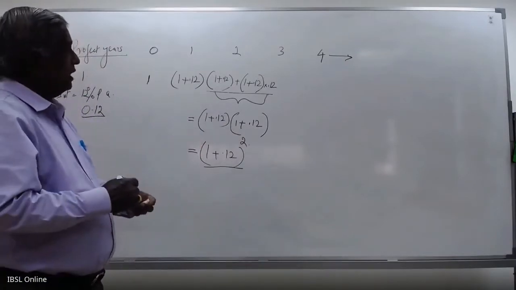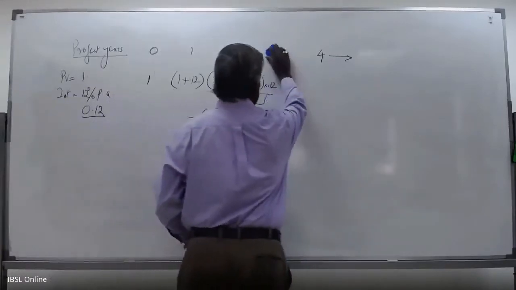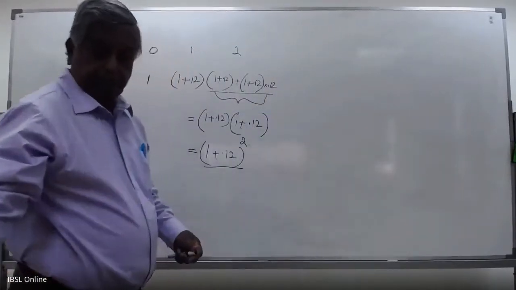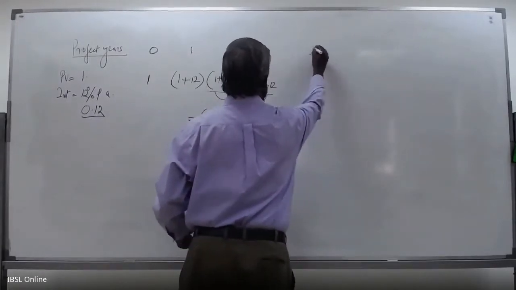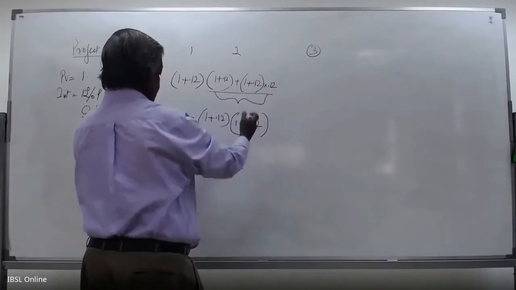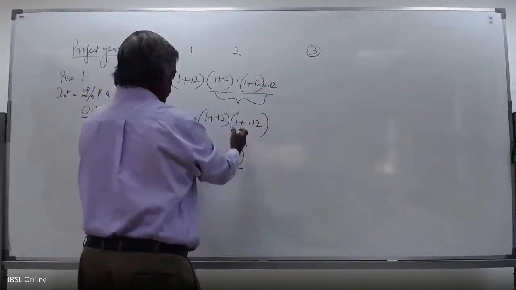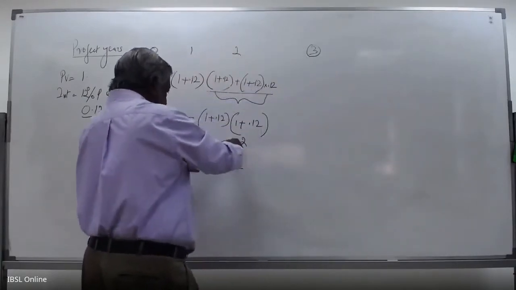Now we go to the third year. What will happen in the third year? In the third year, this is going to be the capital, and it will earn interest on this capital.